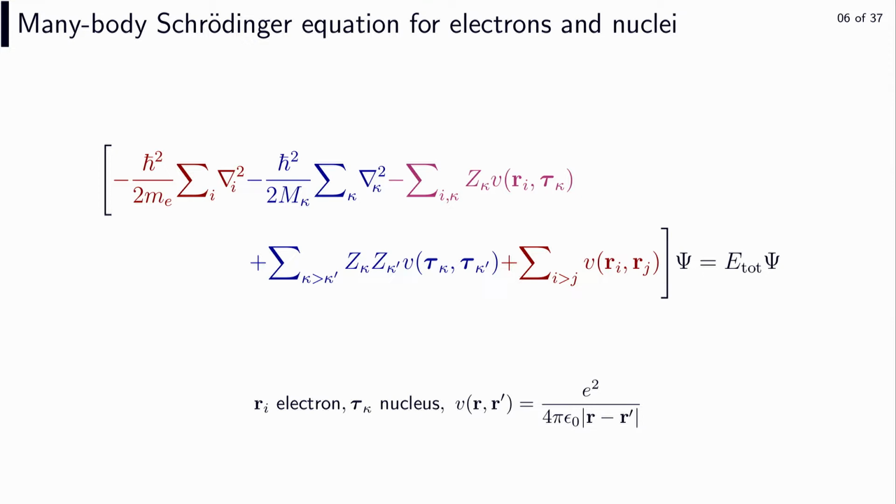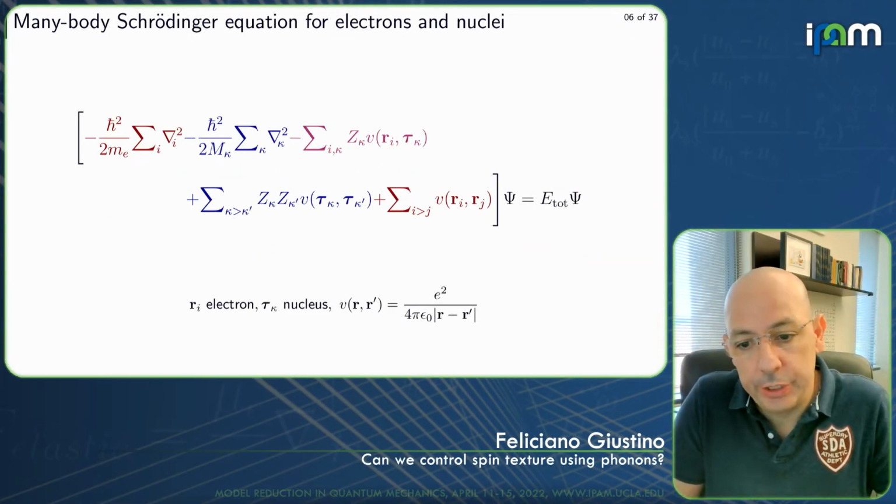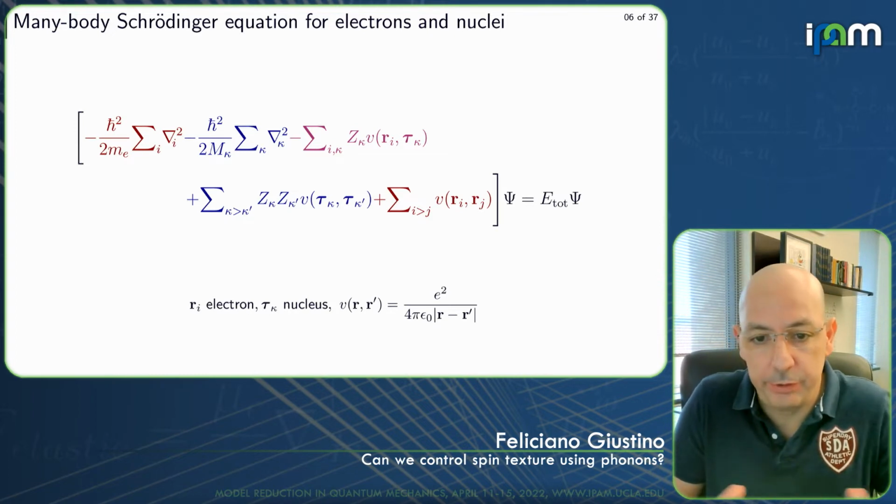So imagine now adding on top of that difficulty the challenge of describing also nuclei, and remember that the nuclei have much narrower wave functions than the electrons. So this would be a really very large many-body problem with, in addition, a multi-scale complexity coming from the fact that the nuclei and the electrons have different spatial extension.